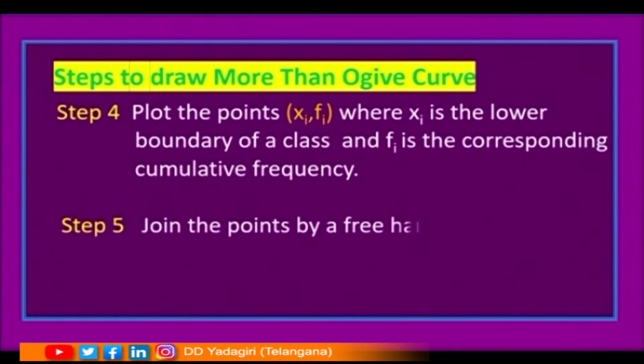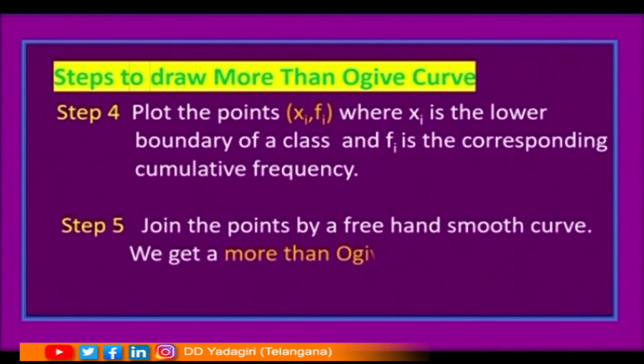Finally, join these points with a freehand smooth curve, and we get a more than Ogive curve. The process is similar to the less than Ogive curve, only you take lower boundaries on the x axis and the more than cumulative frequency on the y axis.